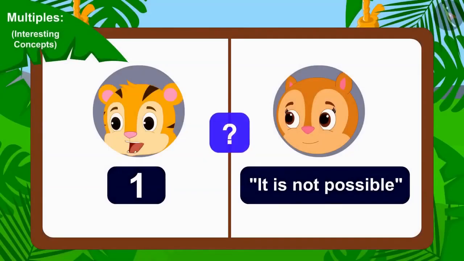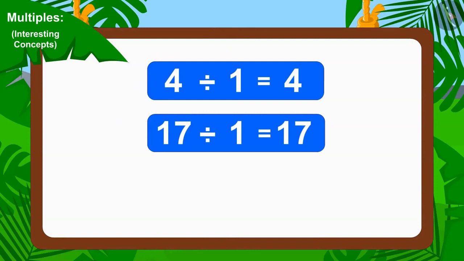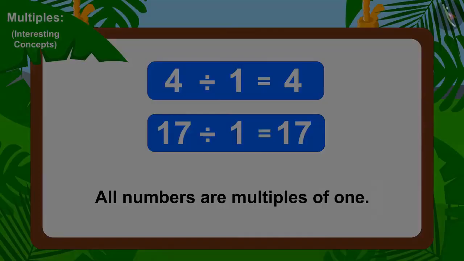Children, can you tell whose answer is correct? We can divide any number by 1. Therefore, all numbers are multiples of 1.